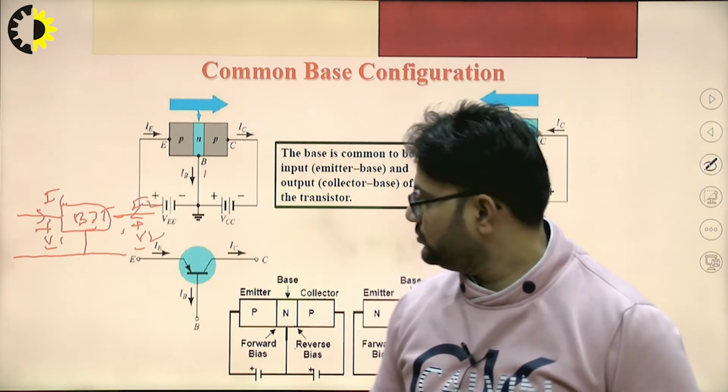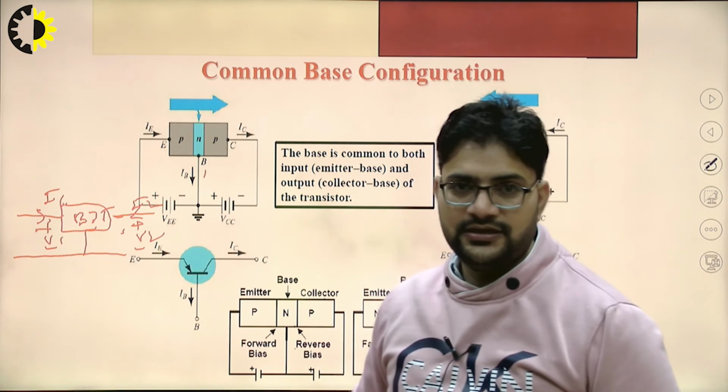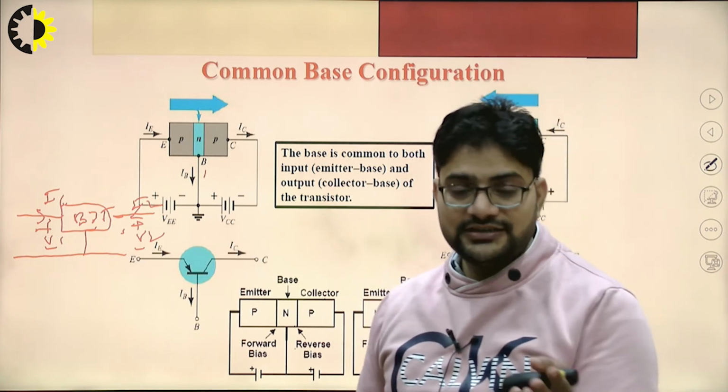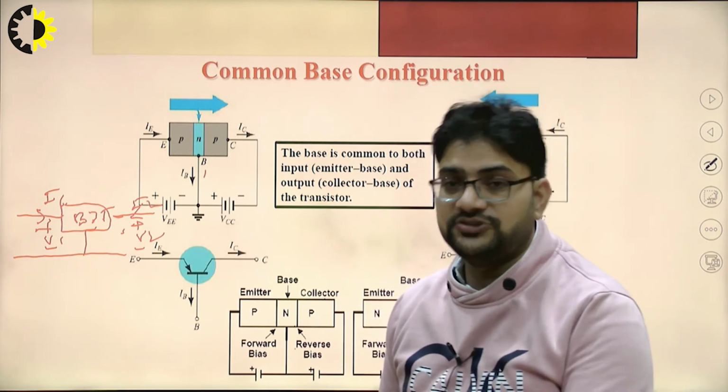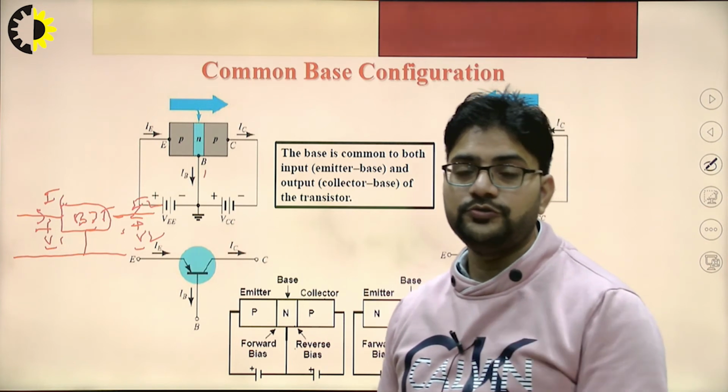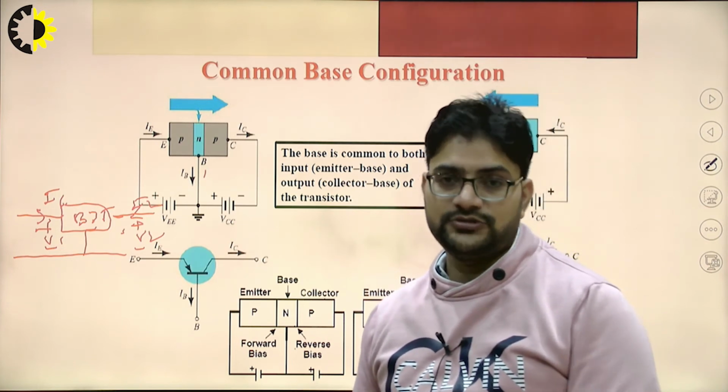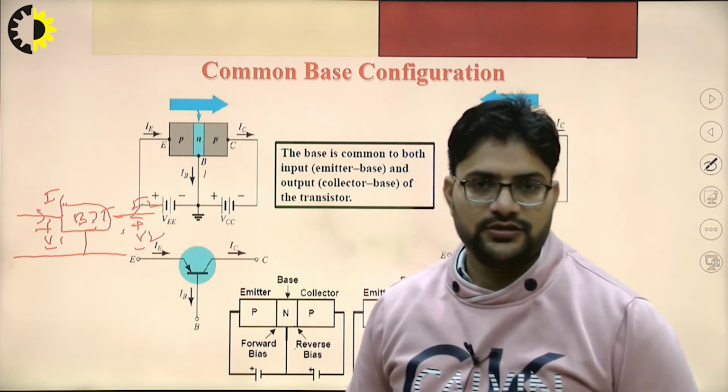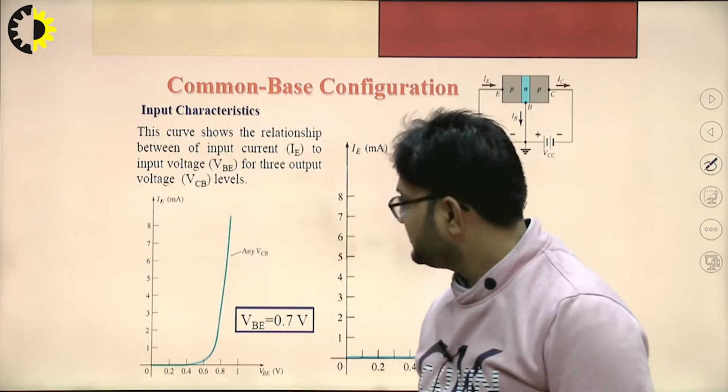And what is the parameter that is to be kept constant? For that we should know about the H parameter model. So what does it say?